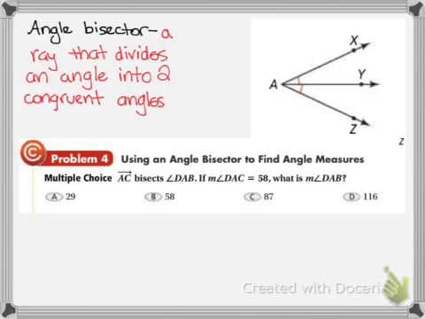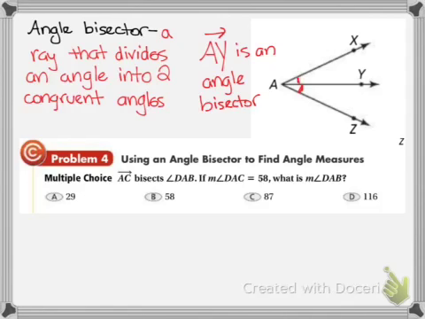For instance, here AY is an angle bisector, because we know that those two smaller angles are congruent.